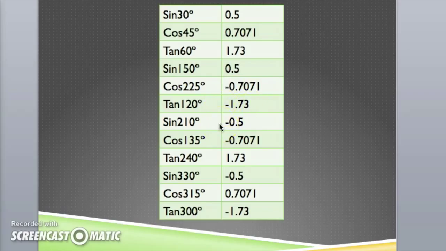The sine of 210 equals minus 0.5. The cosine of 135 equals minus 0.71. The tangent of 240 equals 1.73. The sine of 330 equals minus 0.5. The cosine of 315 equals 0.7071, and the tangent of 300 equals minus 1.73.